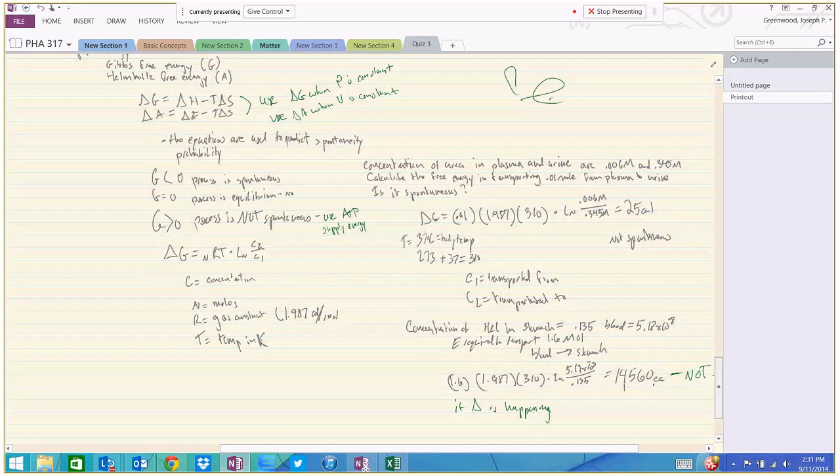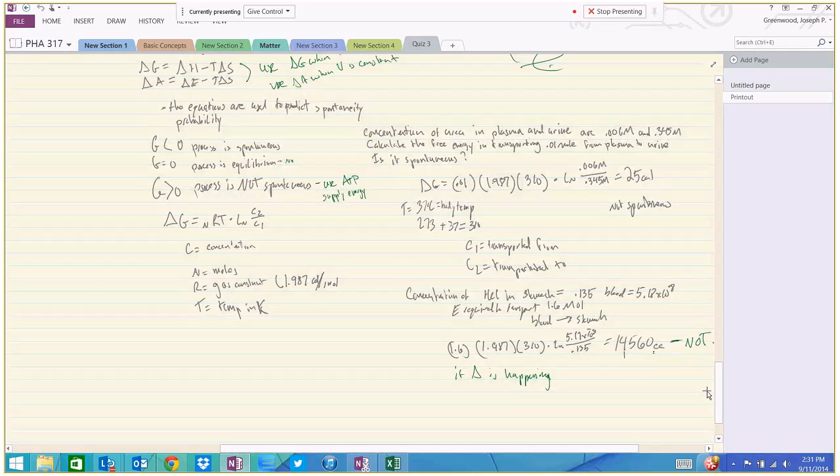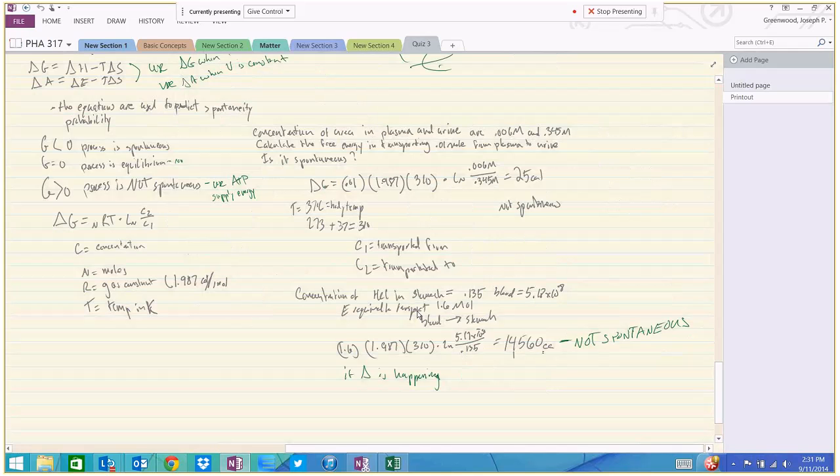This is another example. Sorry for the chicken scratch. So HCl in your stomach is 0.135. In your blood, it's 5.18 times 10 to the negative 8. So it's asking you if it goes from your blood to your stomach, will it be spontaneous?